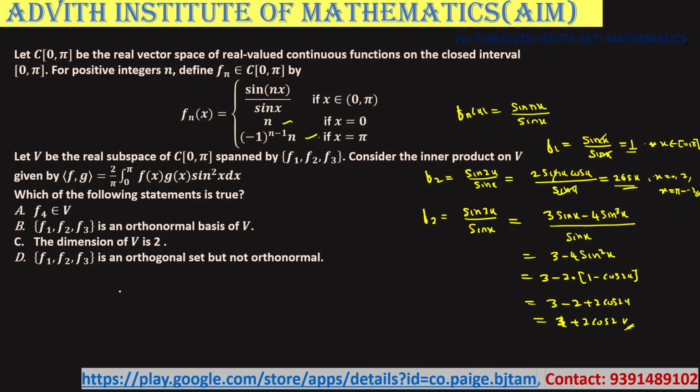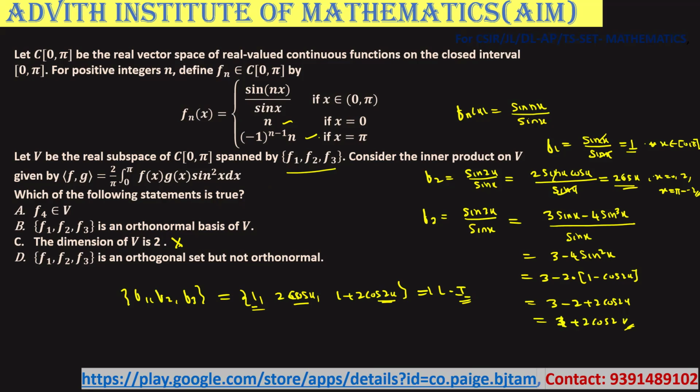So this is therefore f1, f2, f3, which is equal to 1, 2 cos x and 1 plus 2 cos 2x. This is a constant, this is cos x, this is cos 2x. So it is linearly independent. So therefore, since it is linearly independent, dimension of V is 2 is wrong. Why? f1, f2, f3 is linearly independent.